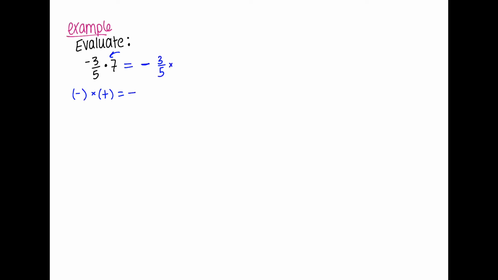We have 3/5 times 7 over 1. We have -3 times 7 over 5 times 1. There's no simplification that can happen here, so I'll just keep going. 3 times 7 is 21. 5 times 1 is 5. So my final answer is negative 21 over 5, which cannot be simplified any further.